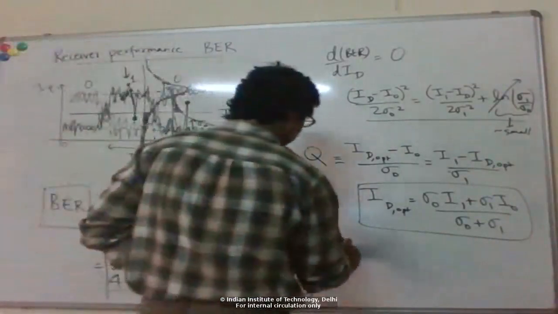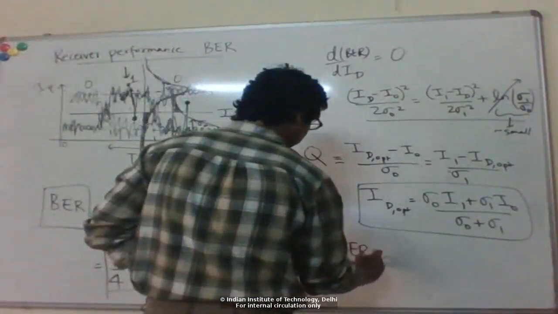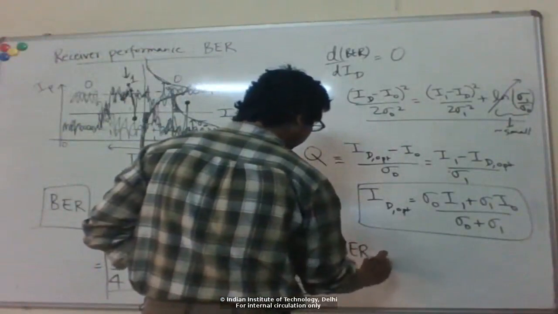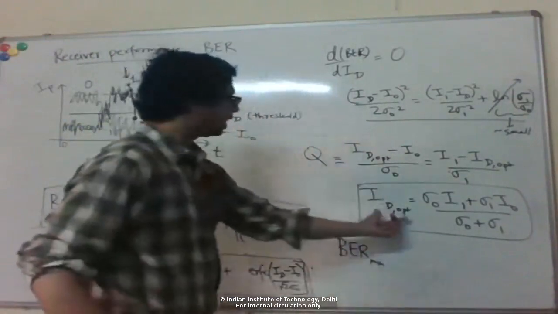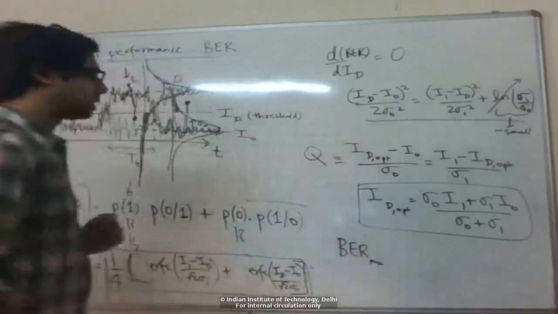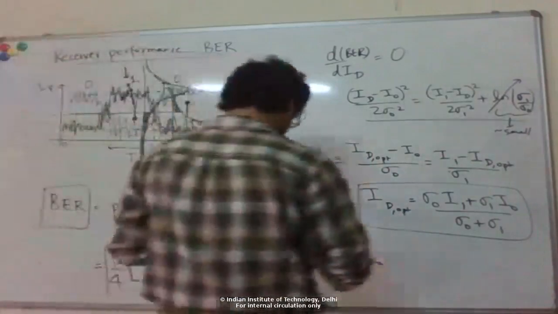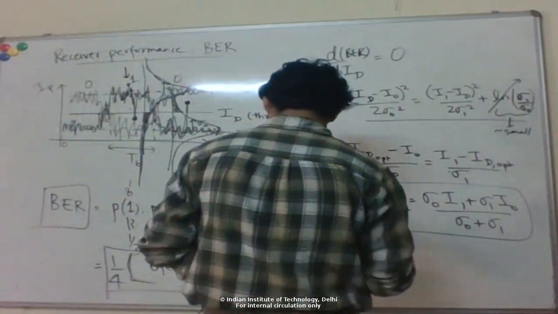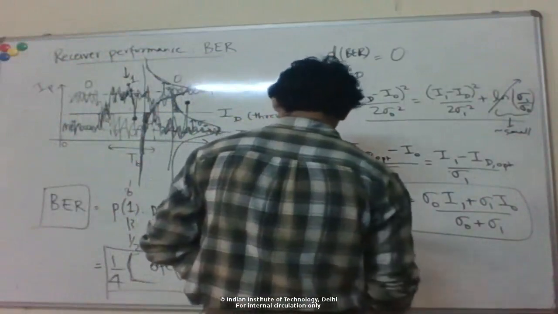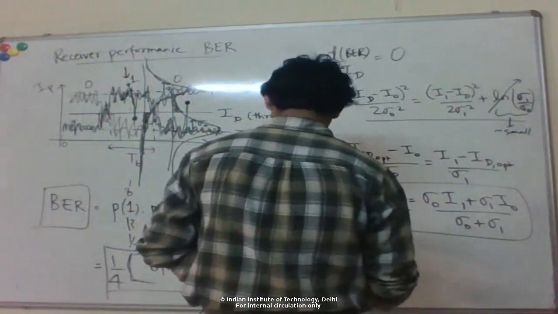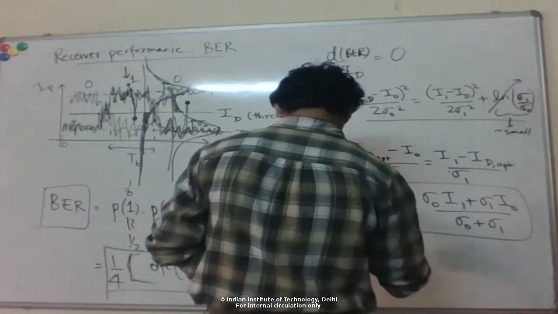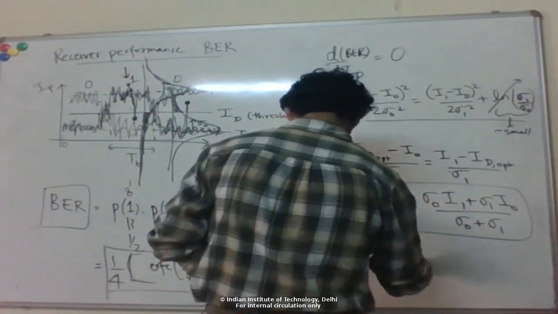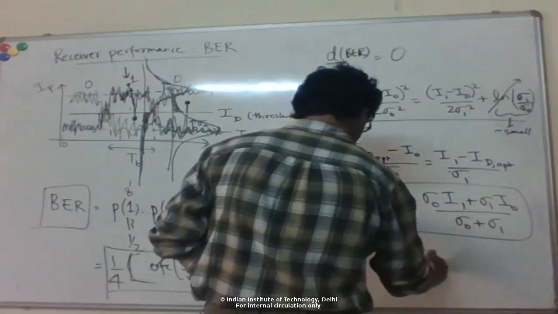The optimum or the minimum BER that I get for this optimum value of the threshold that I set, I can just write as this.